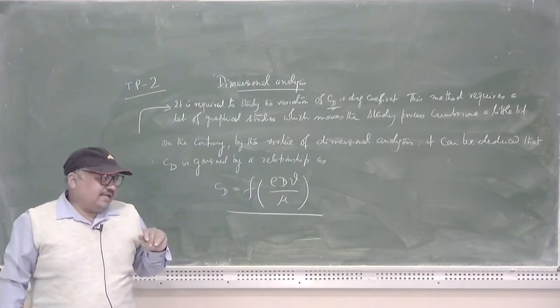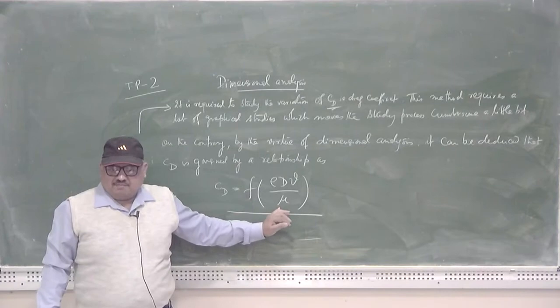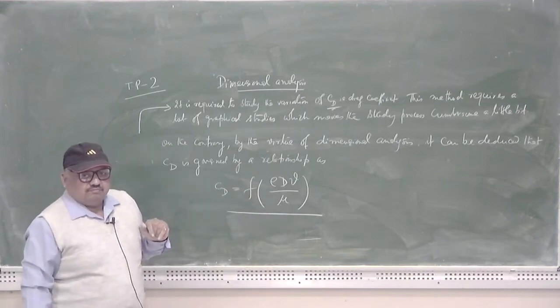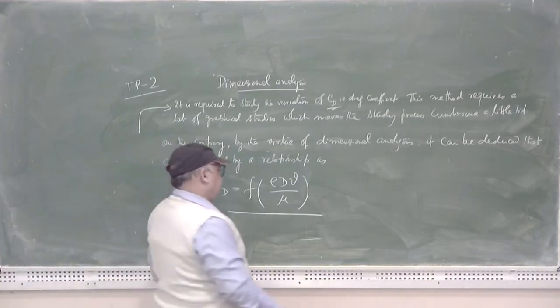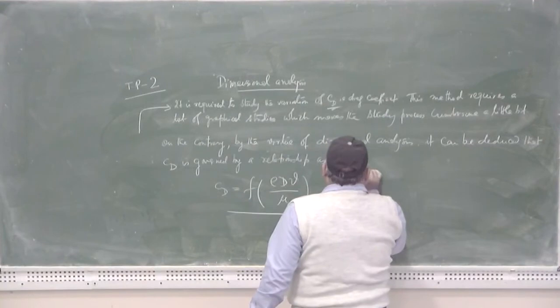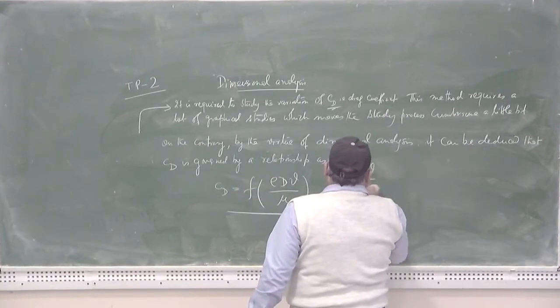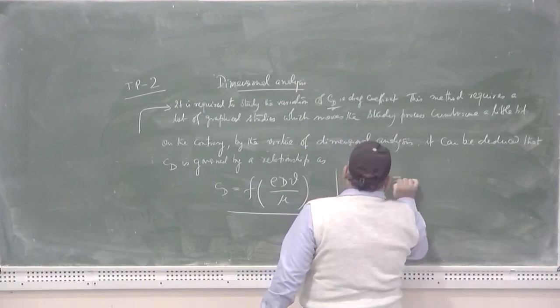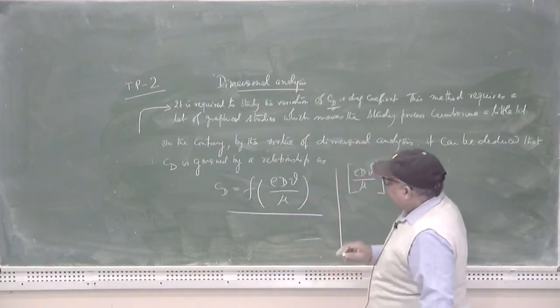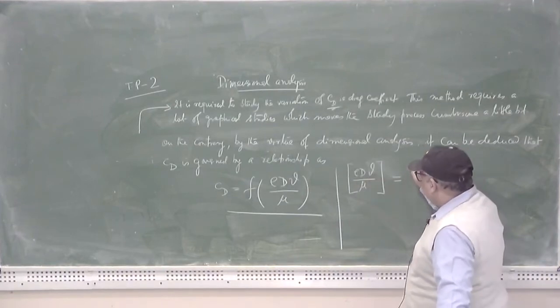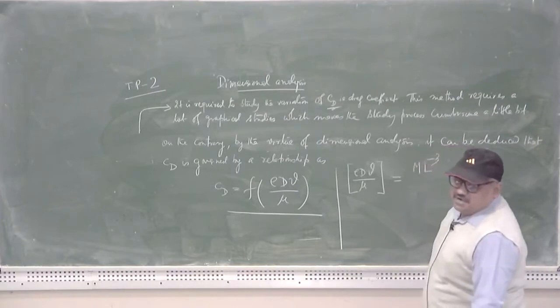Now you can see the nature of this number, this quantity rho dV by mu. It is interesting now. The quantity rho dV by mu, take the dimension of this quantity, you will get an interesting thing. Dimension of rho, that is the dimension of density, mass per unit volume, that is ML raised to the power minus 3.